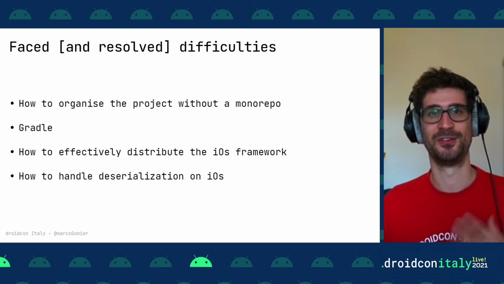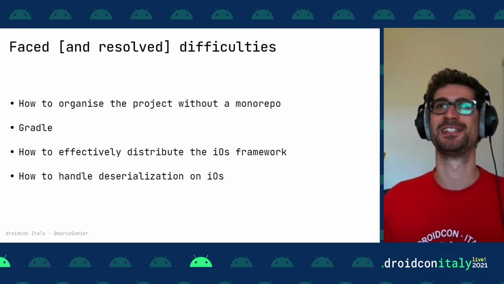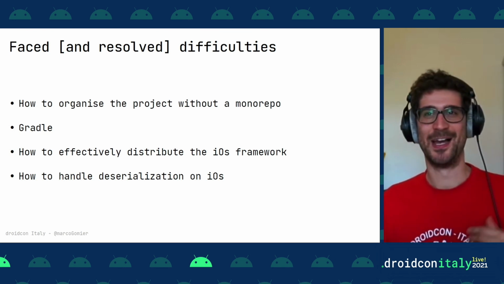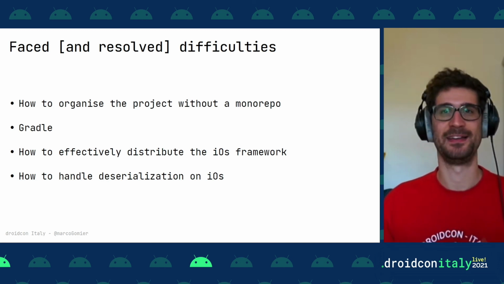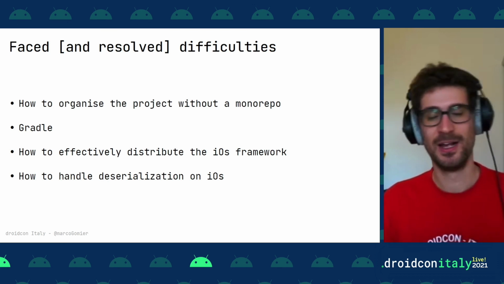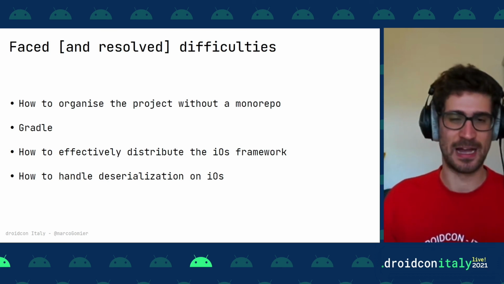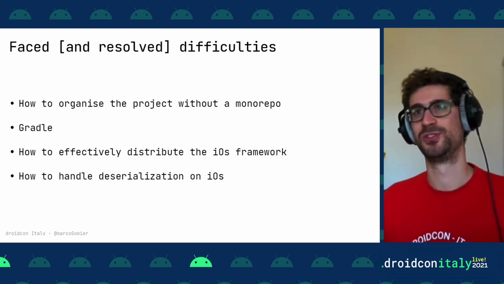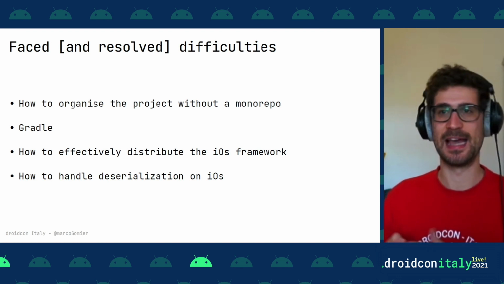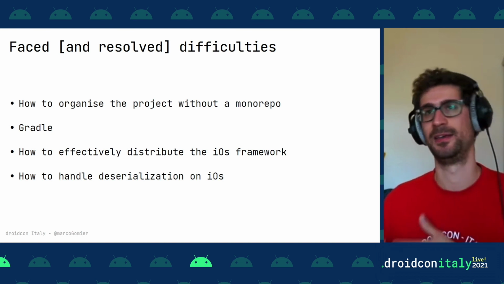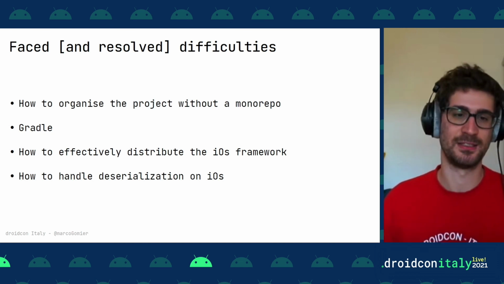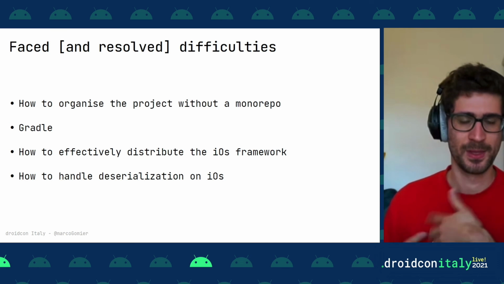Then another difficult thing was setting up the different Gradle tasks, building custom ones, and handling the Gradle stuff. But fortunately, I was using the KTS version, so instead of writing Groovy, I had to write Kotlin, which is way nicer.